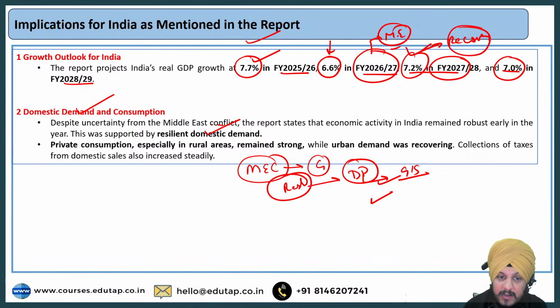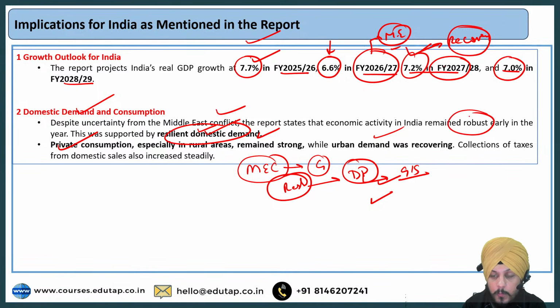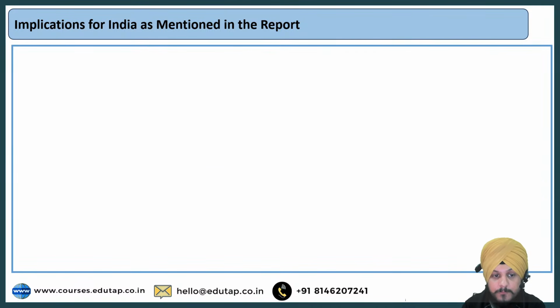Since that domestic demand has remained robust, that is why India has shown a lot of resilience, despite the fact that the global economy is showing a lot of uncertainty. Then lastly, private consumption, especially in rural areas, has remained strong, and urban demand has also been recovering. And because of this, India has shown a lot of robustness in economic activity despite the Middle East conflict.